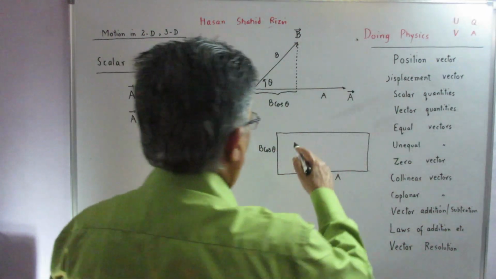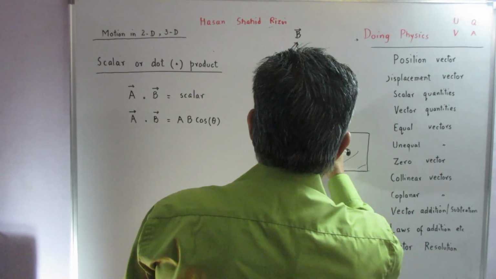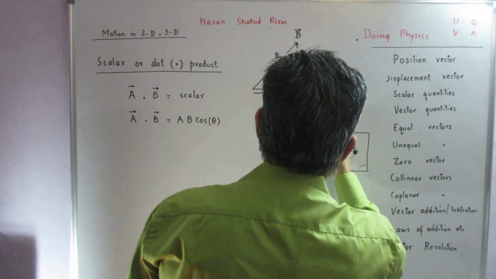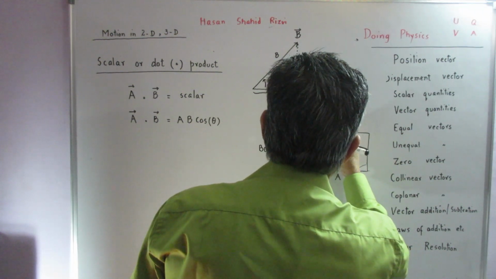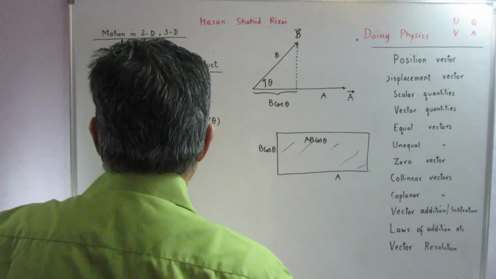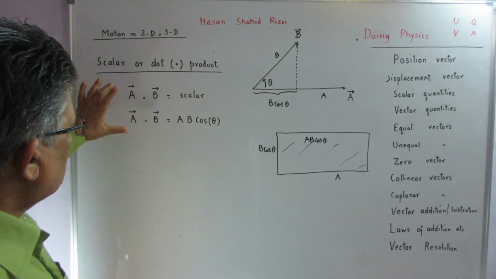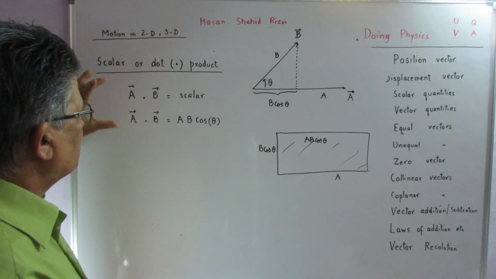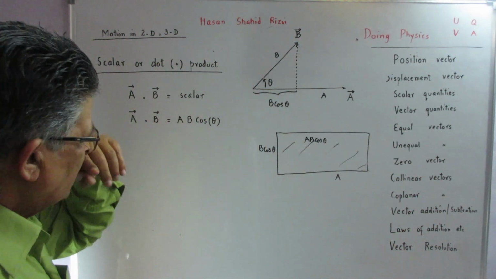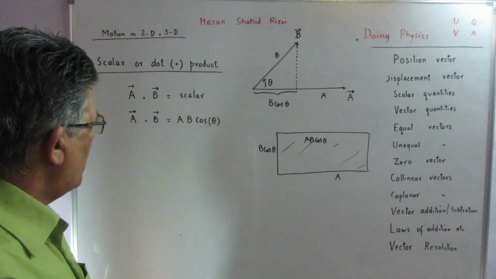So what I will get is something which I can write as ab cos theta. So a and b, these two vectors of the same kind or of different kinds, then I get ab cos of theta.